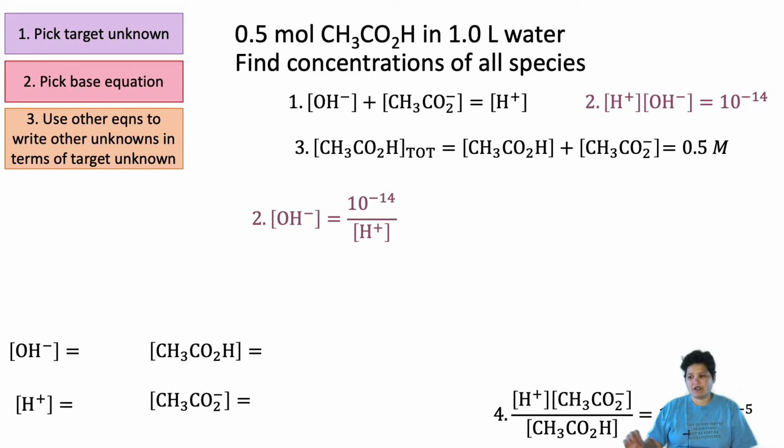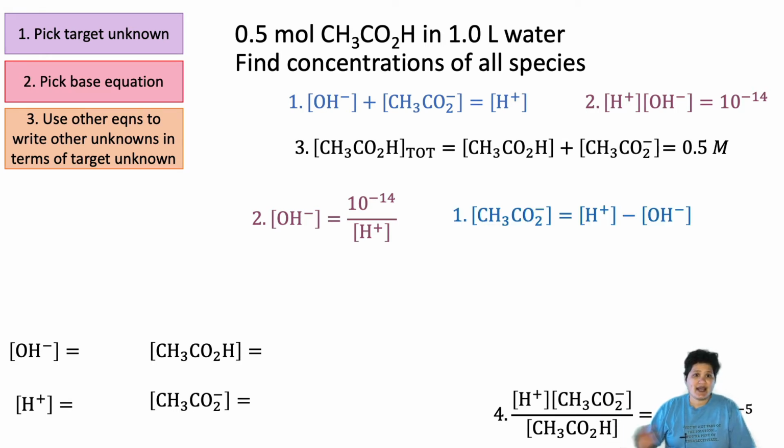The next thing I want to look at is equation 1. Equation 1, which was our charge balance equation, had OH minus concentration plus acetate concentration equals H plus. Well, we already know what our OH minus concentration is in terms of H plus. We don't know what our acetate concentration is in terms of H plus, so let's solve for acetate in terms of everything else.